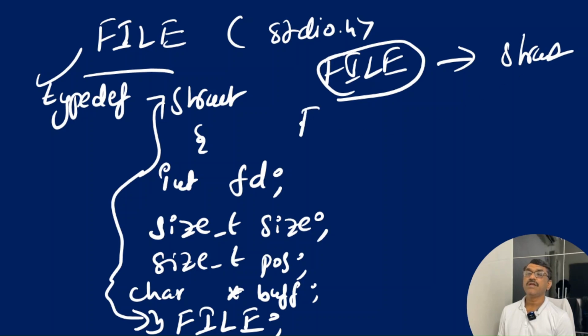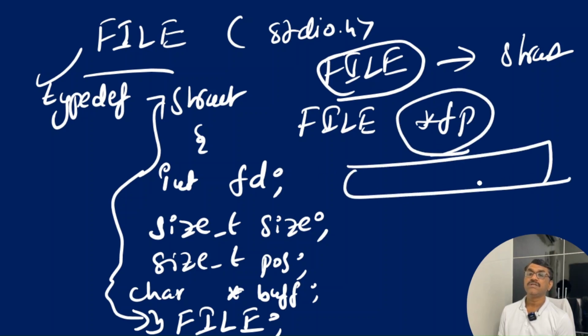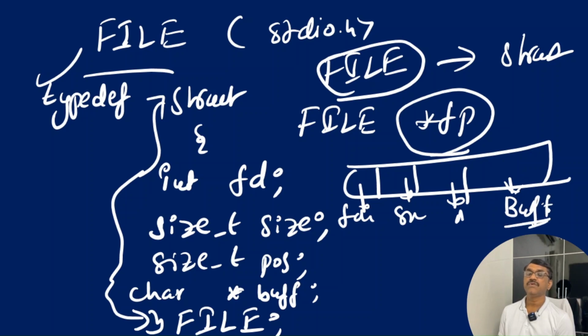That's why we are calling FILE a structure. Whenever you create a file pointer like this, FILE *fp, the pointer fp is going to have these data members: one is the file descriptor, the second is the size, the next is the position, and the next is the character pointer which mentions the buffer.